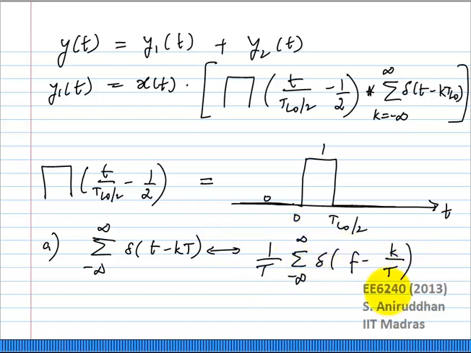That is the first one. x of t minus capital T is nothing but e power minus j omega T times X of f in the frequency domain.